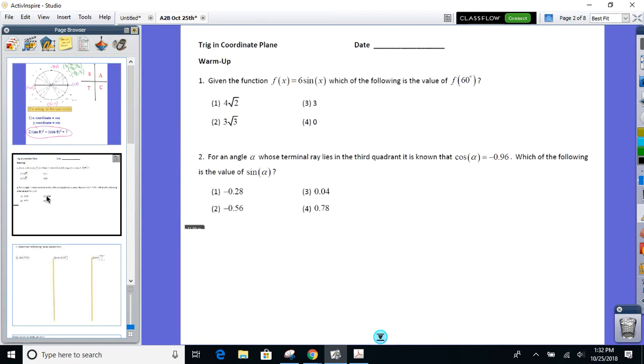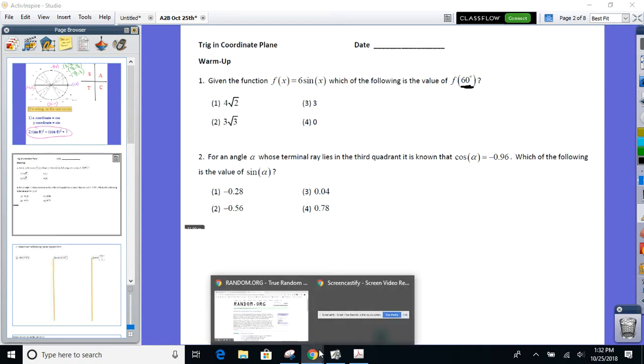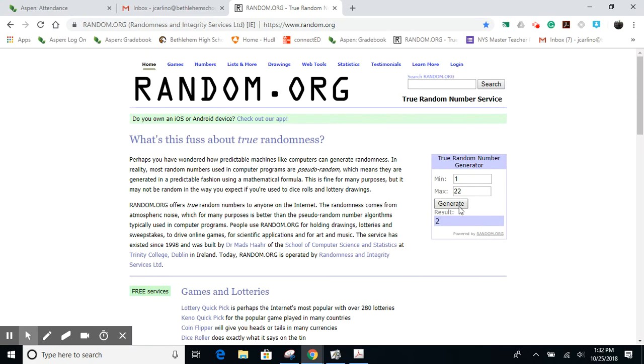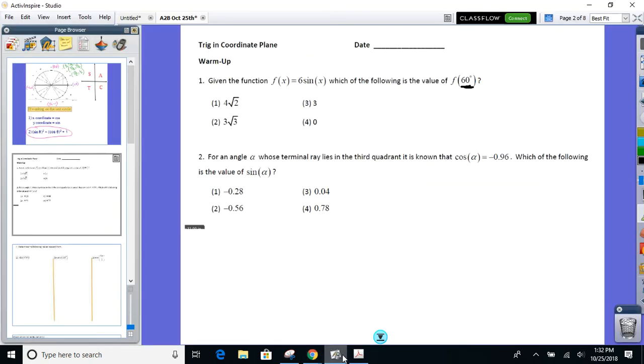First one, a little function notation from Algebra 2. F of x equals 6 sine x. What's f of 60? My first question to you guys is, what do I do with that 60?